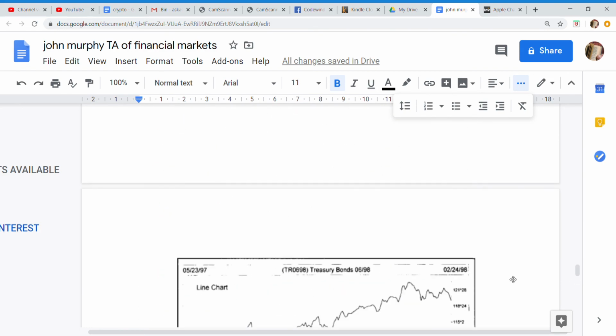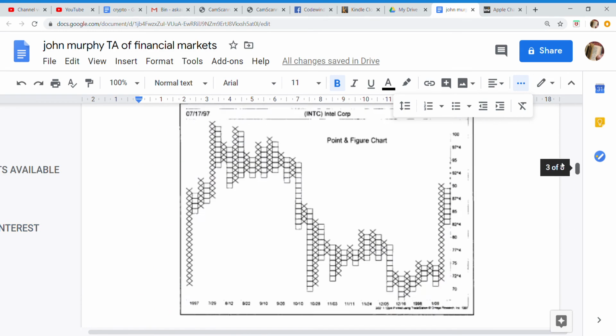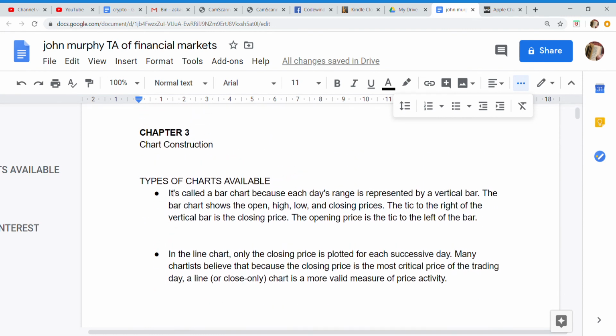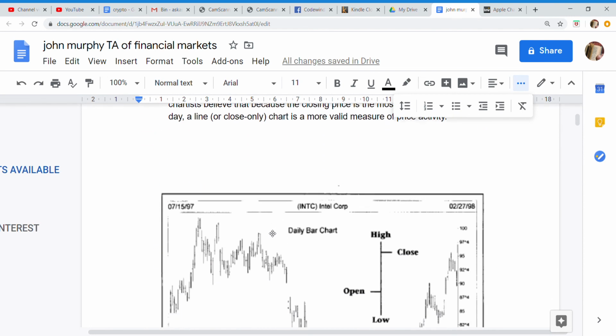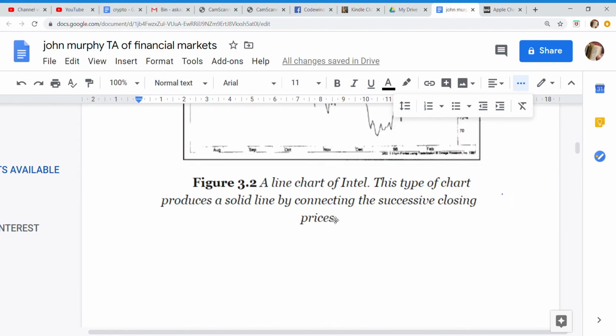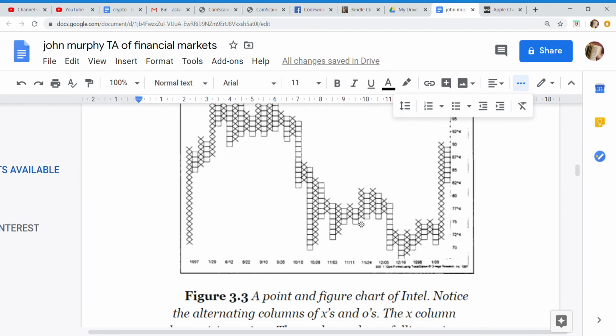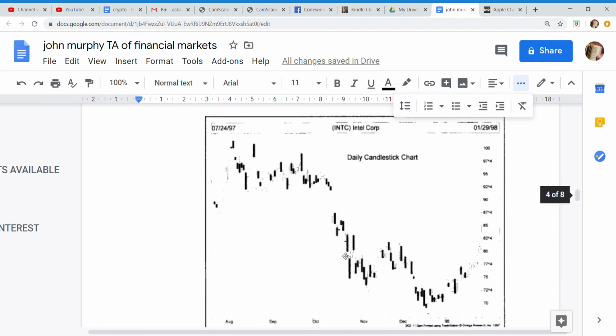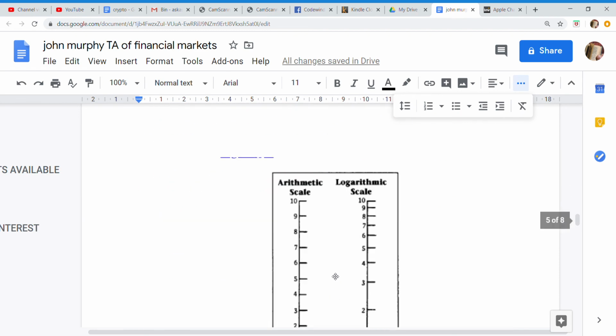So in this chapter we studied the bar chart and the candlestick chart. The types of charts available that we studied are: first the bar chart, then the line chart, the point and figure chart, and the candlestick chart.